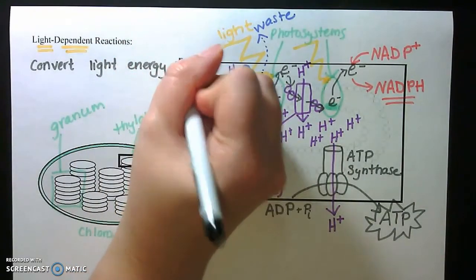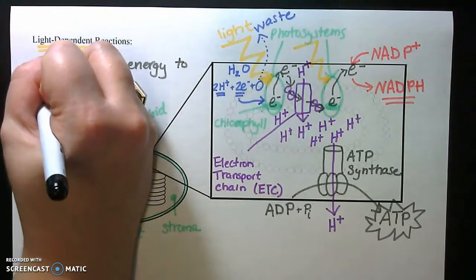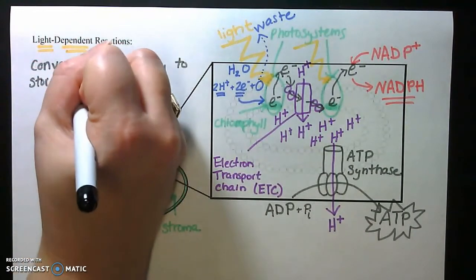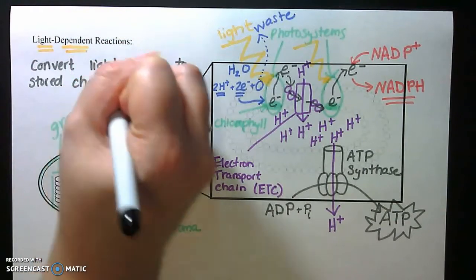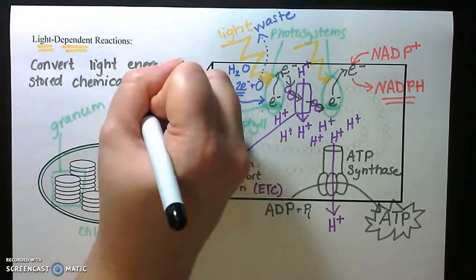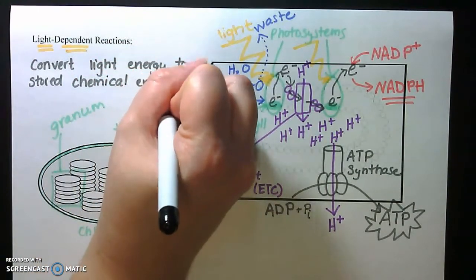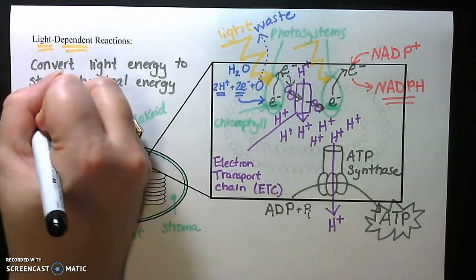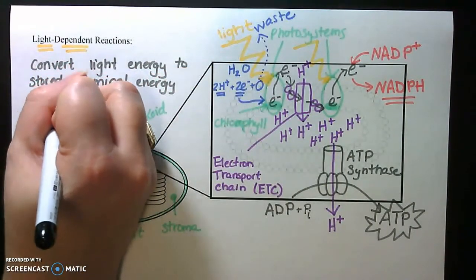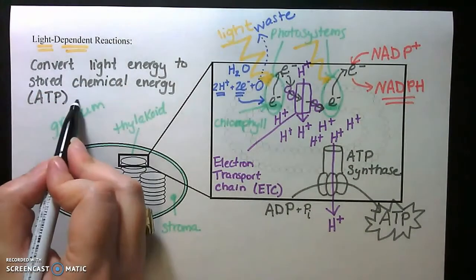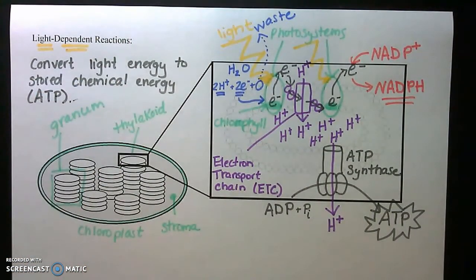We're converting that light energy to stored chemical energy. And that chemical energy is in the form of ATP, or adenosine triphosphate. So there you have the light-dependent reactions, which are the first stage of photosynthesis.